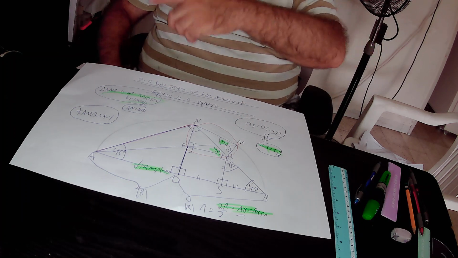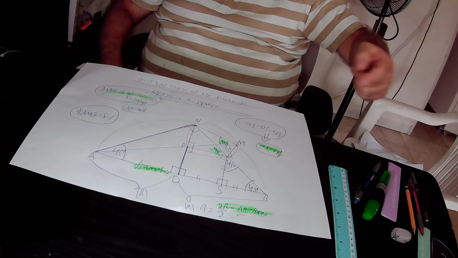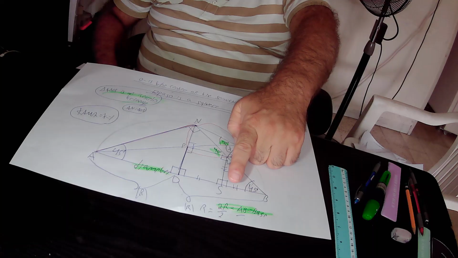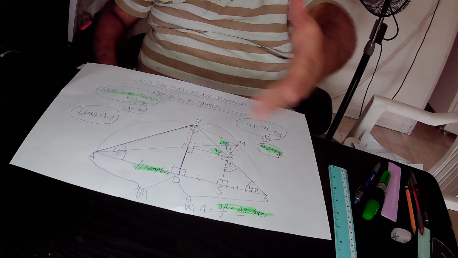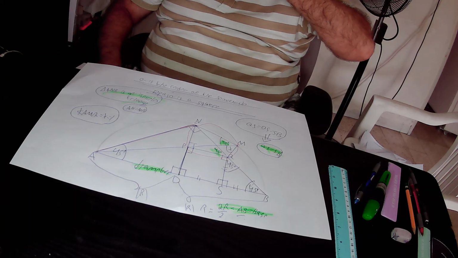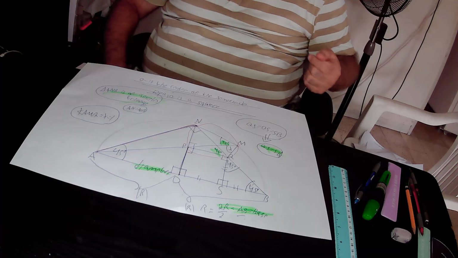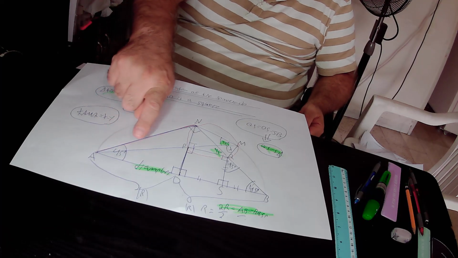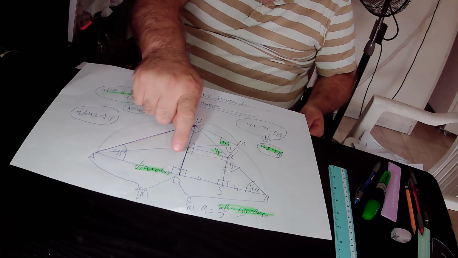That is to say, it divides the base AB into two halves. Each half must be equal to AB over 2. AB over 2 is 2r over 2, because AB equals 2r. So each half is r. This is the radius of the circle. The first half is r, and the second half is also r.